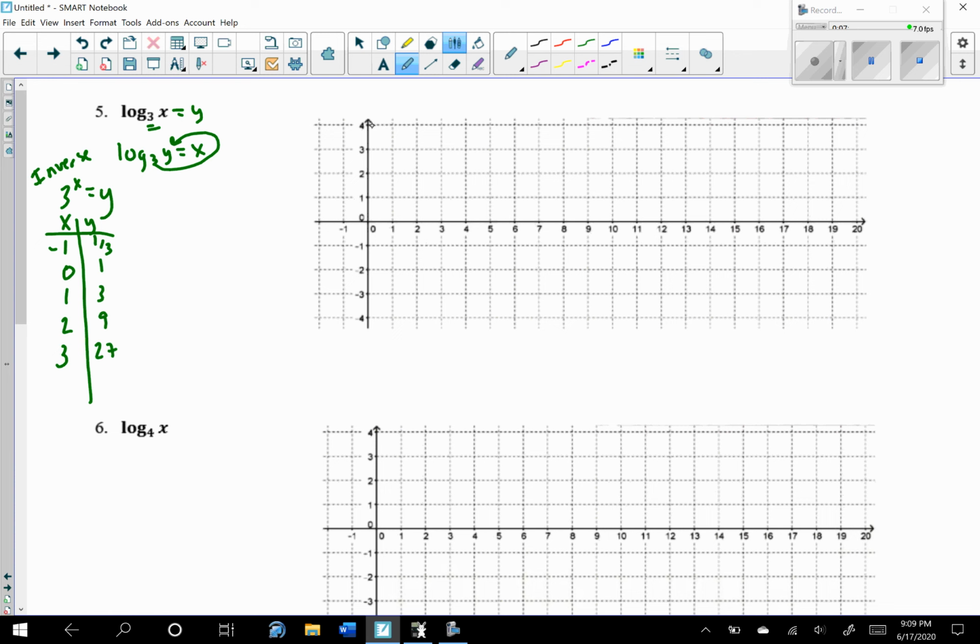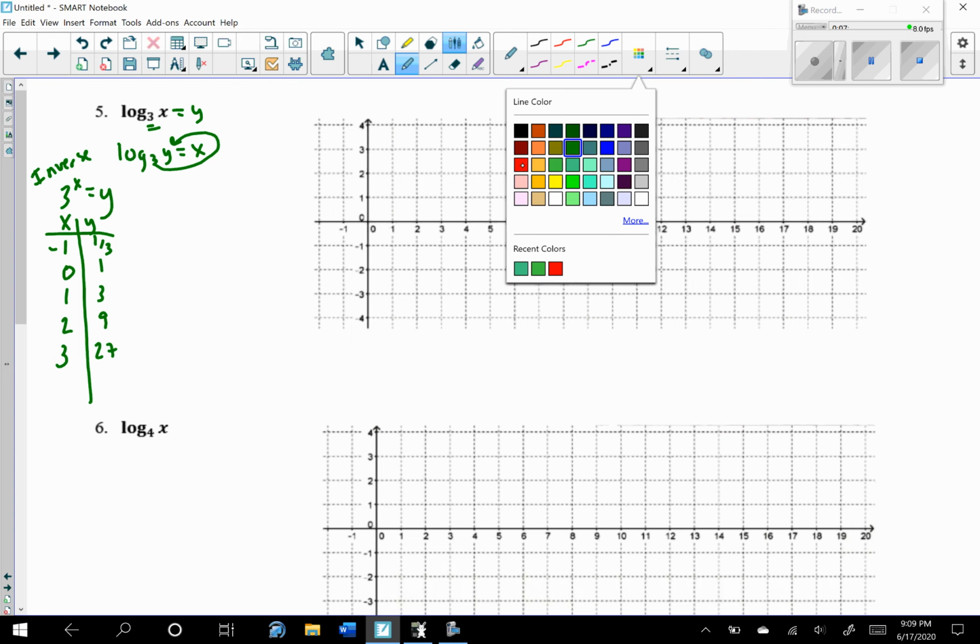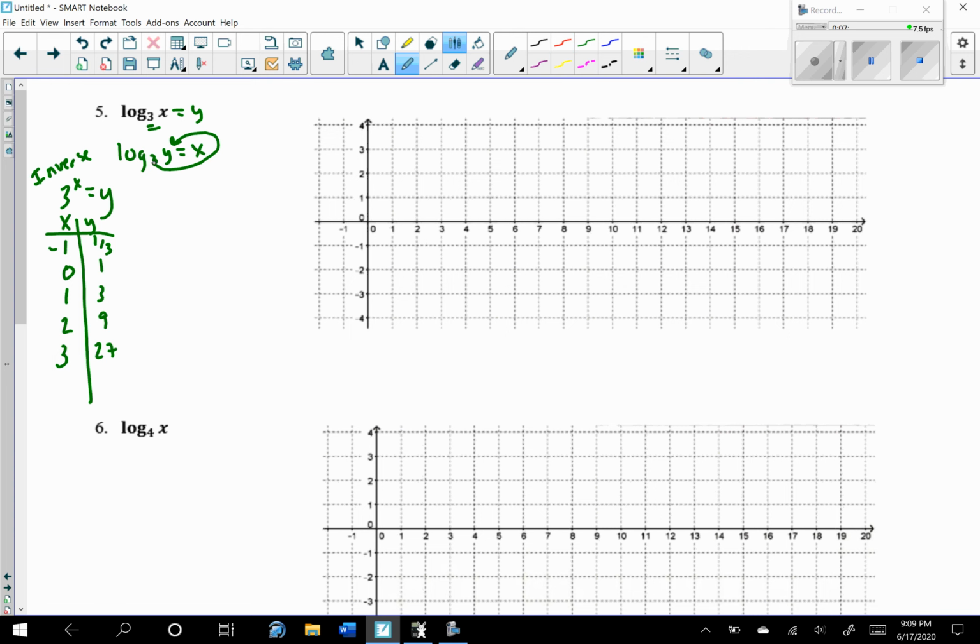So if I graph then the logarithmic function, so y equals log base 3 of x, I'm taking this table and switching my x and my y's. So 1/3 is -1, 1, 0, 3, 1, 9, 2, 27, and 3.